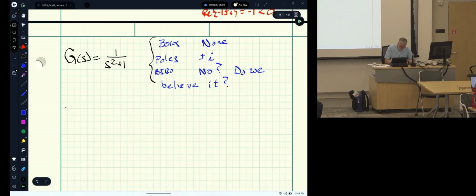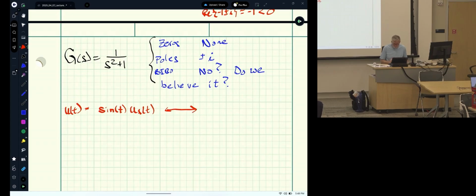I'm going to take u of t equals sine of t times the unit step. And its Laplace transform is 1 over s squared plus 1. Excuse me, it's s over s squared plus 1.